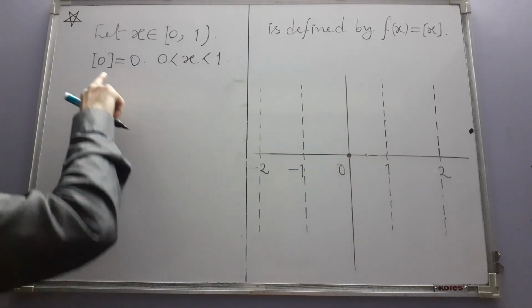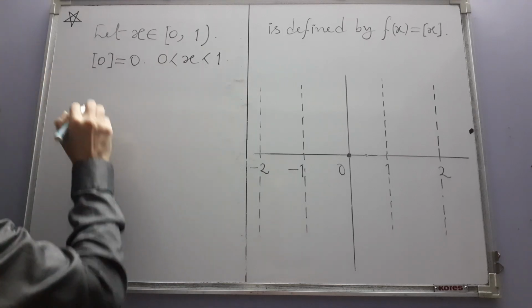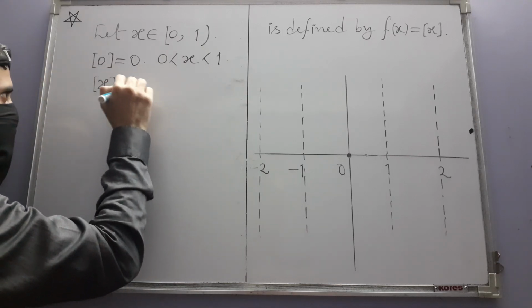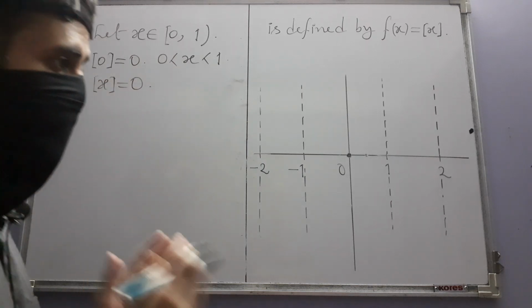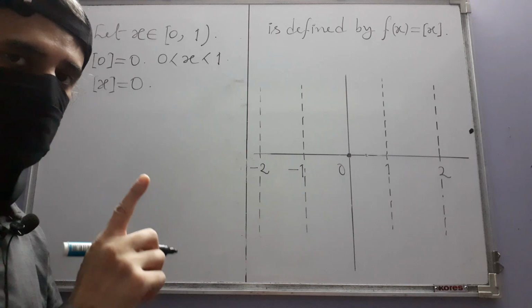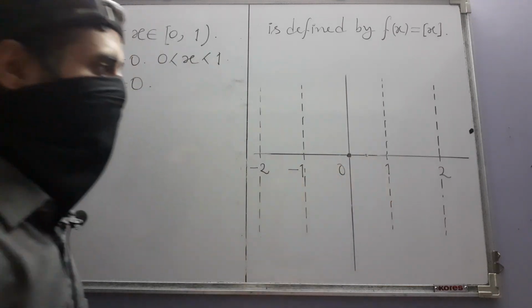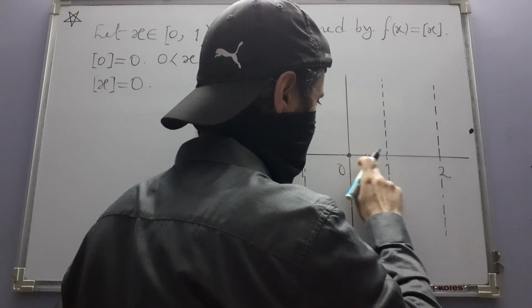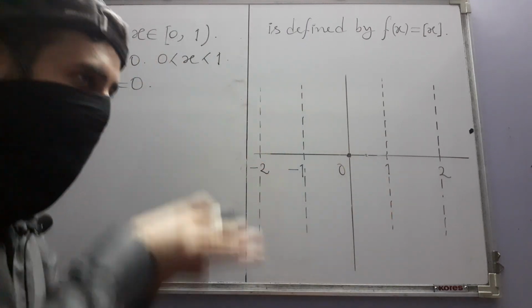And that is why for all of these types of x, I can at once say that the greatest integer value is 0, no matter what actually x is. For all such x, the greatest integer value is 0, which means that if my x is coming from here, y is always 0.